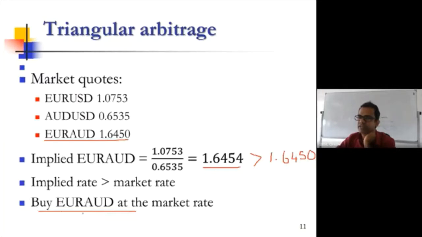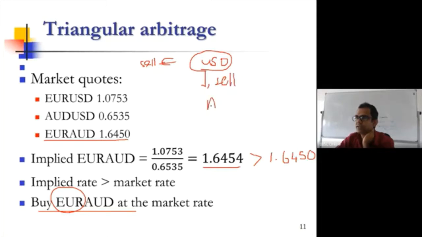Once you do this transaction, you have euro in your hand. Then what do you do? Sell euro against USD. Then you get some dollars. Then you sell these dollars to buy Australian dollar.